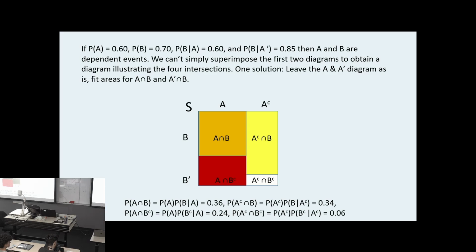And that's going to leave, if we've got 85% of A complement being covered by B, 15% not covered by B. In other words, it's in B complement. So this is going to be 15% of 0.4, 0.4 times 0.15 is 0.06. That's that. So that was one construction of the diagram.